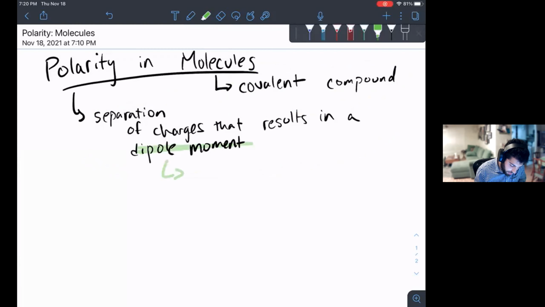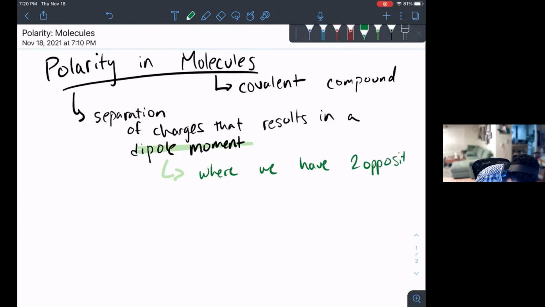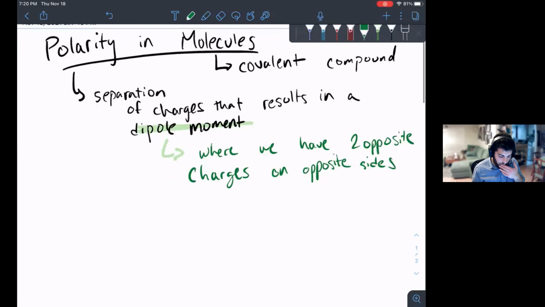A dipole moment being where we have two opposite charges, mostly on opposite sides too. So where this comes into play is we actually first have to come back to our molecules.